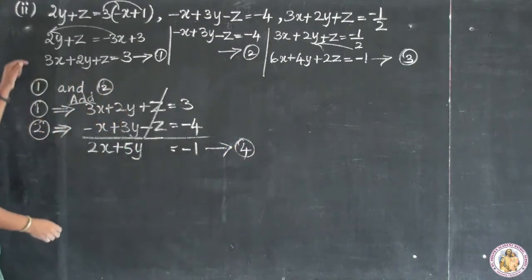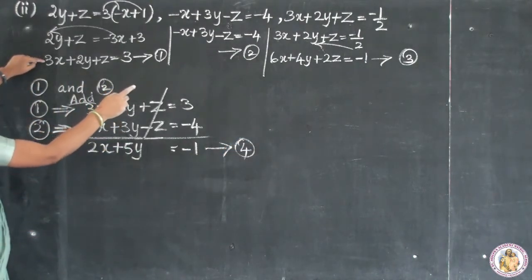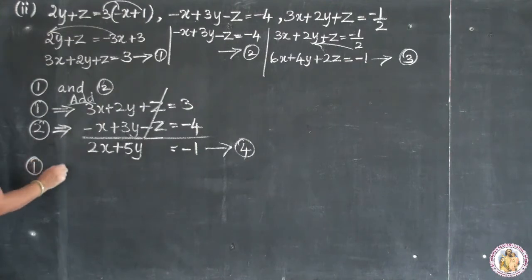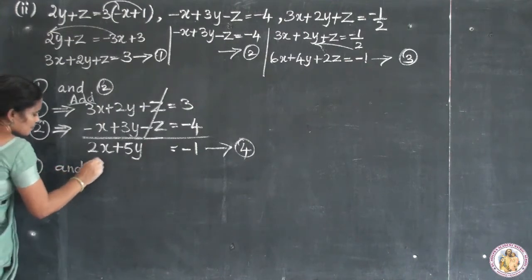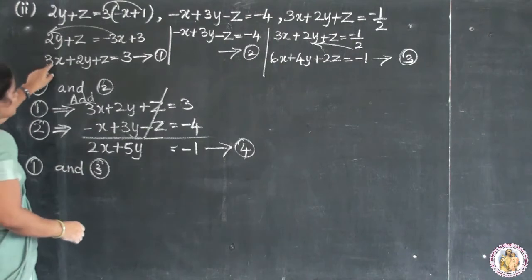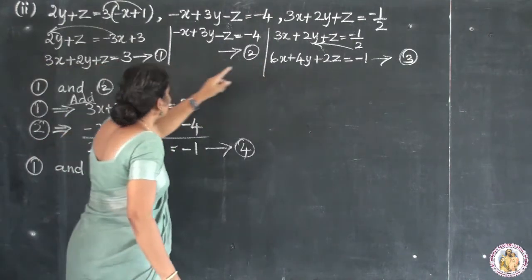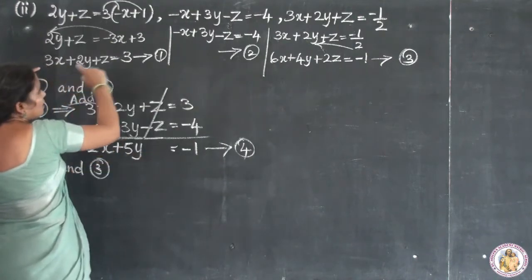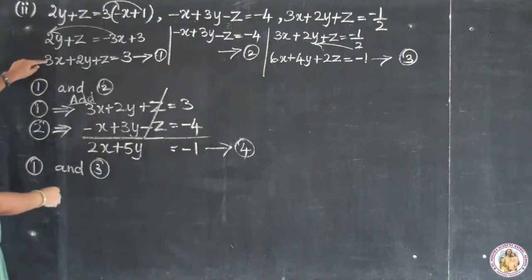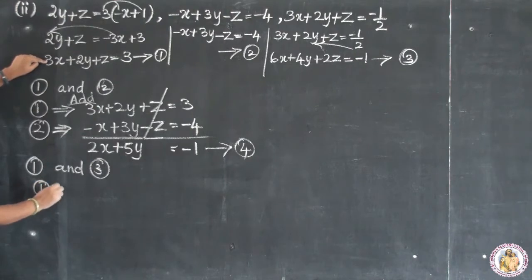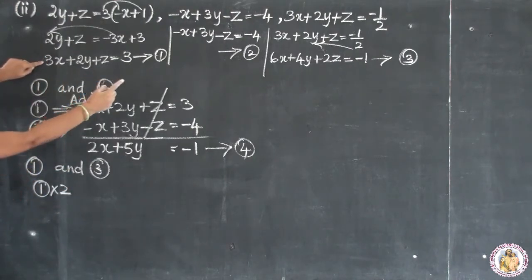Okay, then go with the first equation and the third equation. 3x plus 2y plus z is equal to 3 and 6x. You can see 3 and 6. So the first equation we can multiply with 2, 3 2s are 6, so that it will make even.